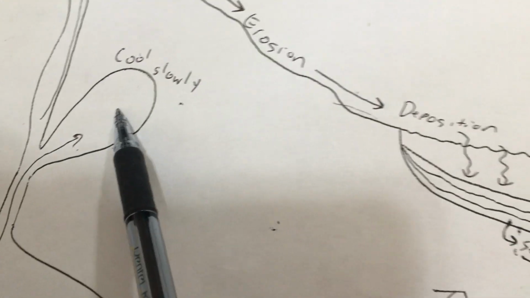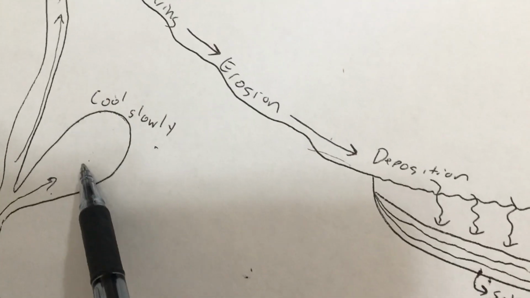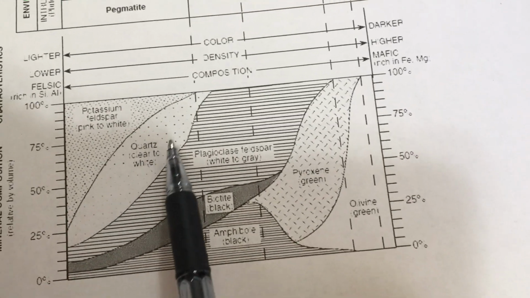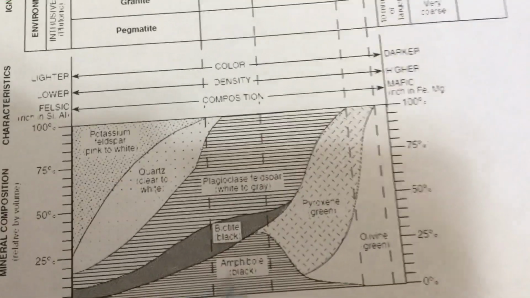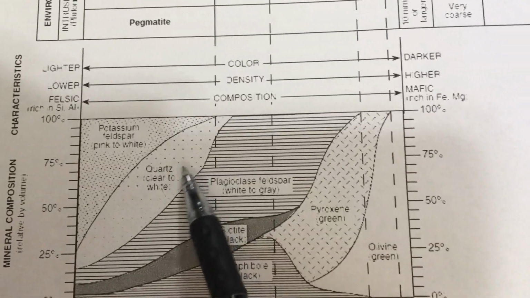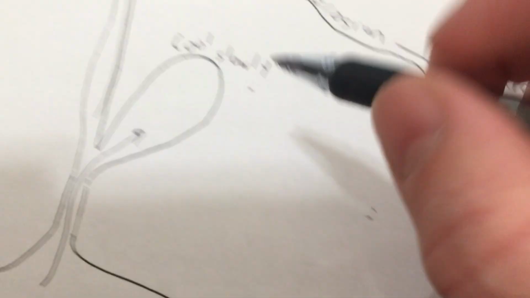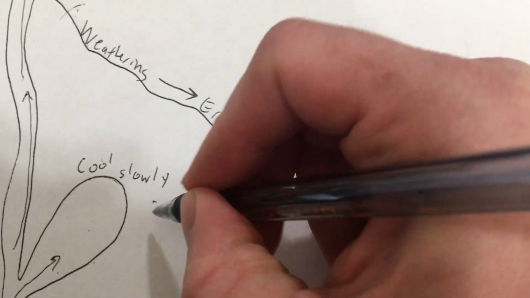Whereas if it comes here into one of these, we call it a pluton, it's going to cool nice and slowly, which means that the quartz crystals have time to get larger and larger and larger. Basically, the relationship is the longer it takes to cool, the larger the crystals are going to be. So I'll put that in the notes over here, and I'll scan these and get them in there for you.